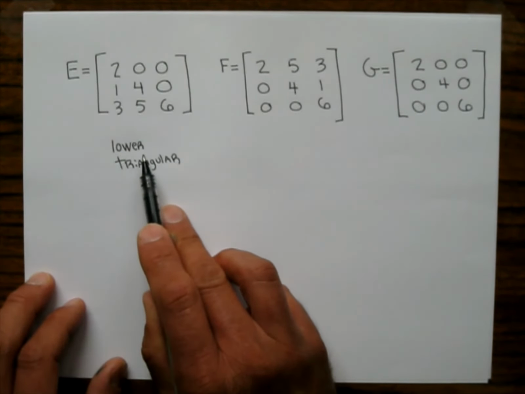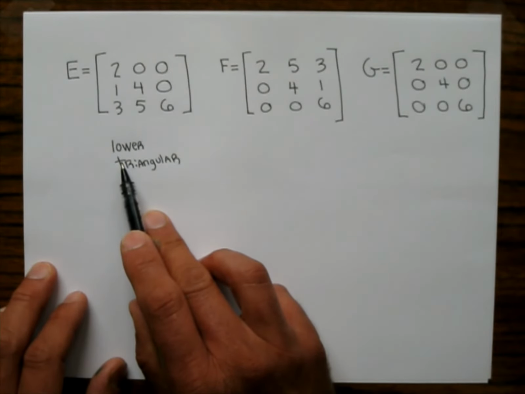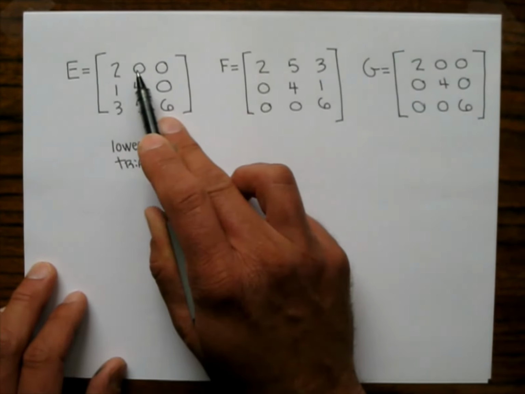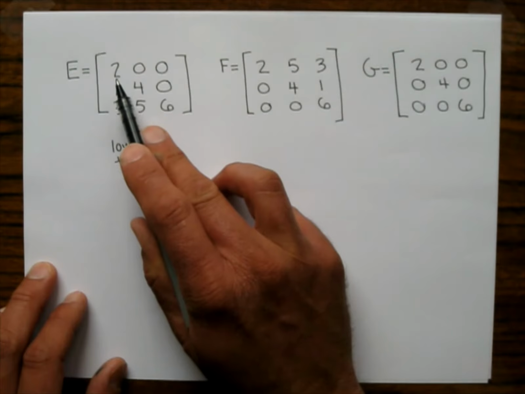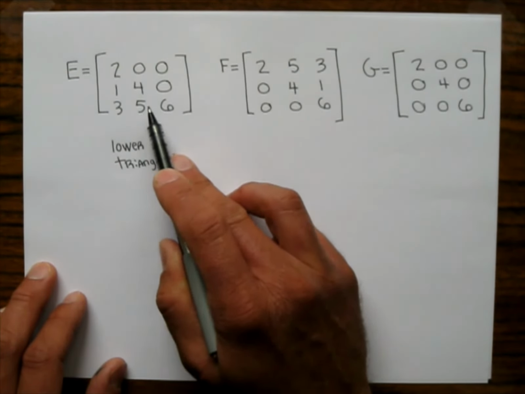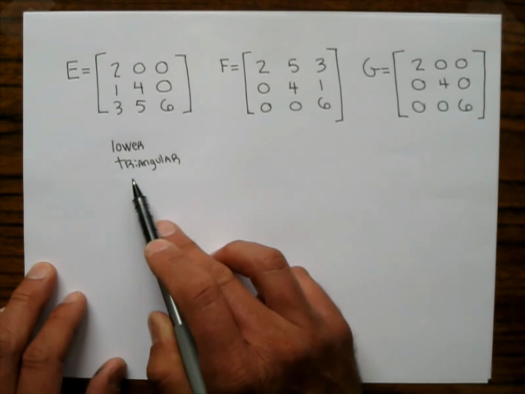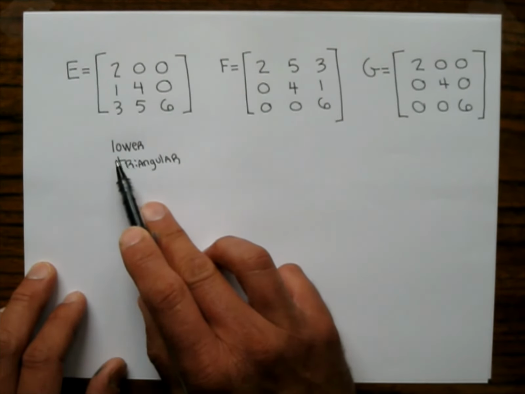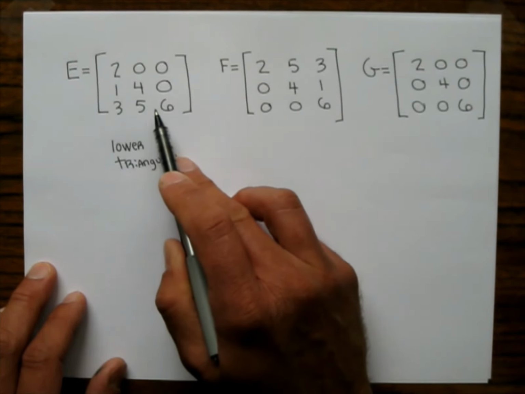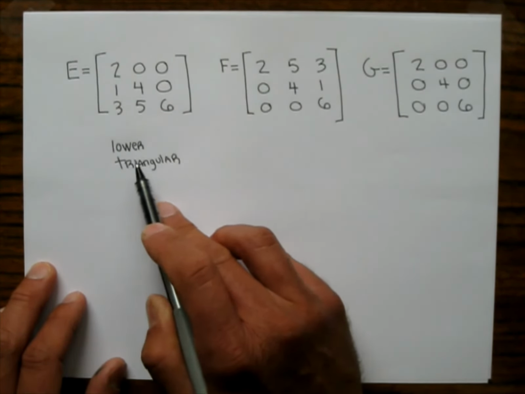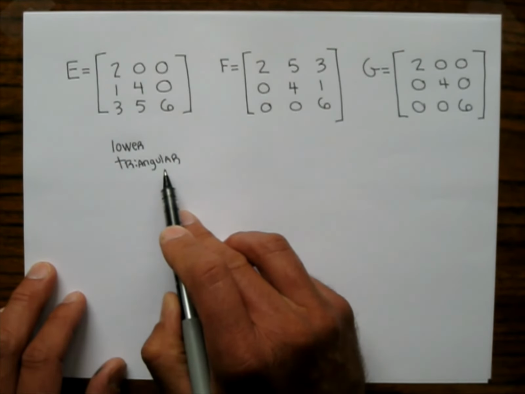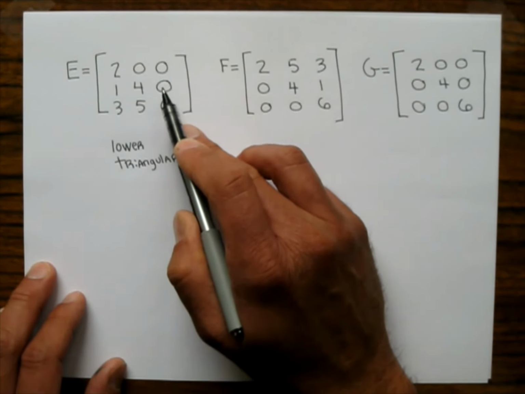The way I look at this is, think of zeros as being not information, but the information is the 2, the 1, the 3, the 4, the 5, the 6. All the information is in the lower triangle of this matrix. That's what makes this lower triangular. Yes, there have to be zeros up there.